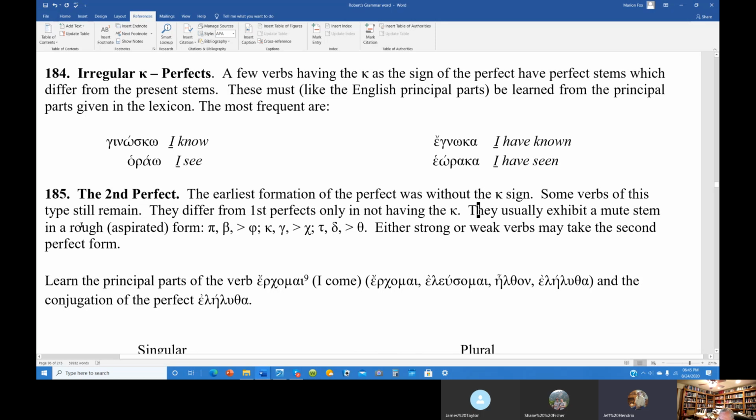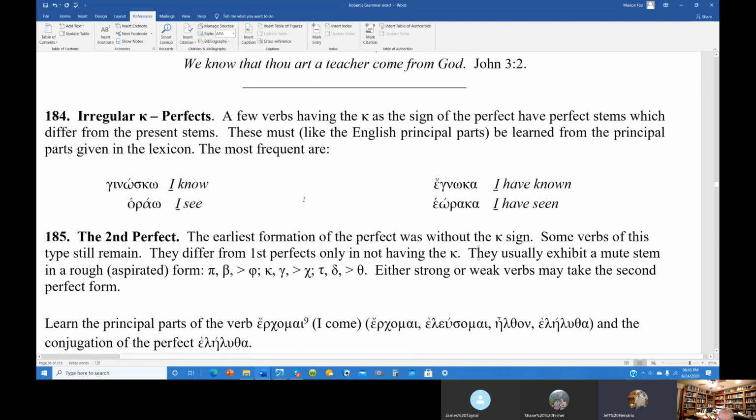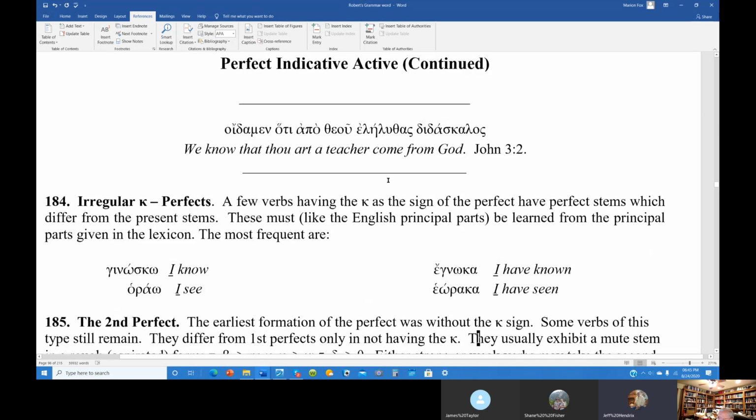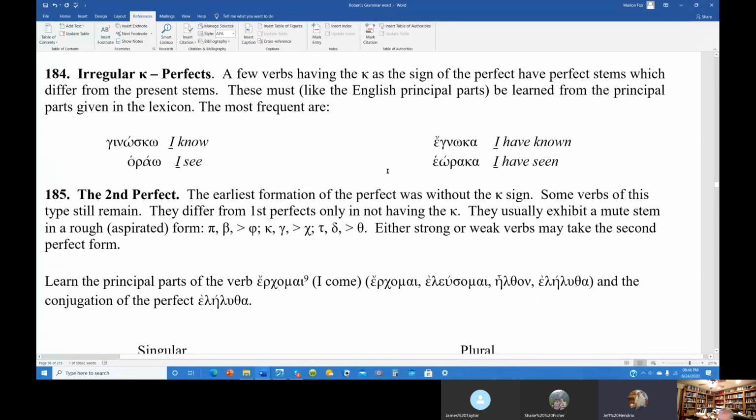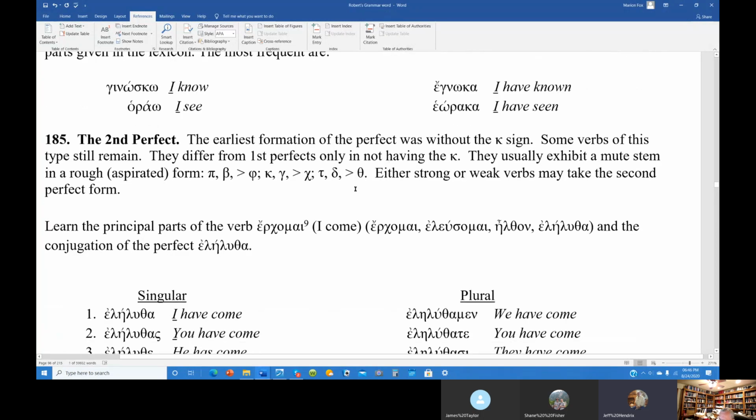A mute stem in a rough or aspirated form: pi and beta become phi, kappa and gamma become chi, tau and delta become theta. So you see our rule coming in. Either strong or weak verbs may take the perfect form.